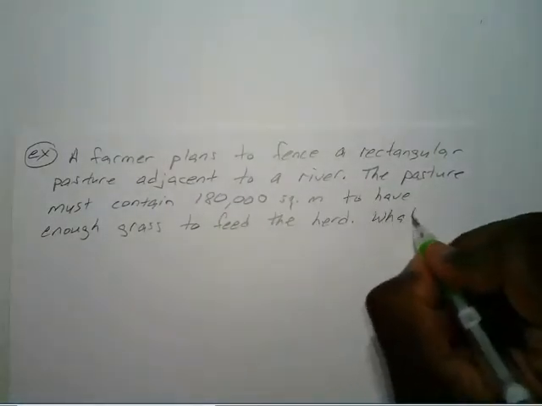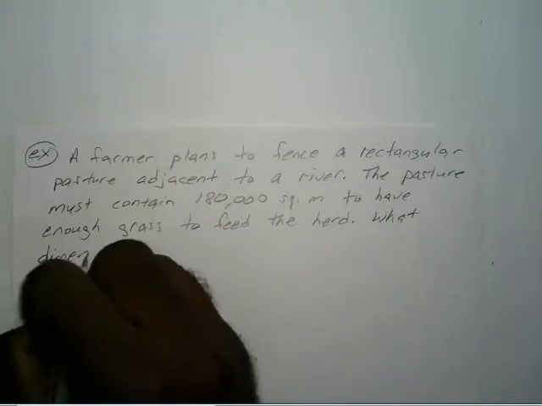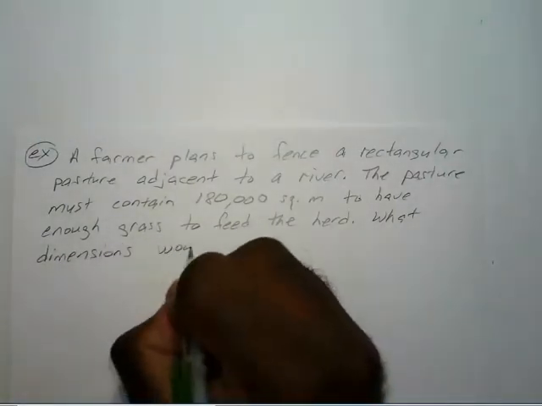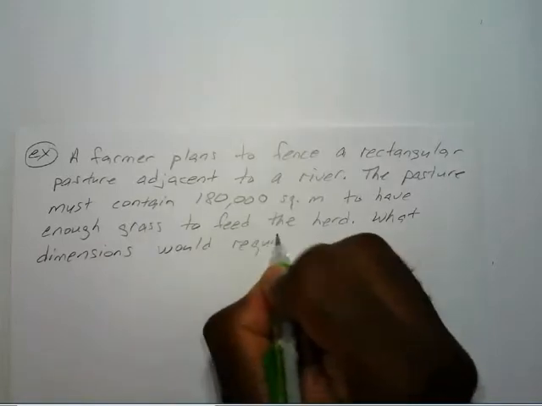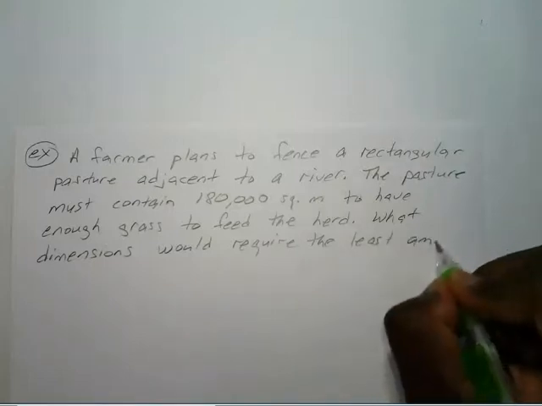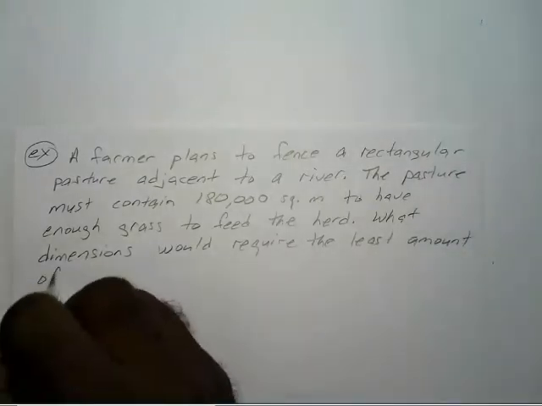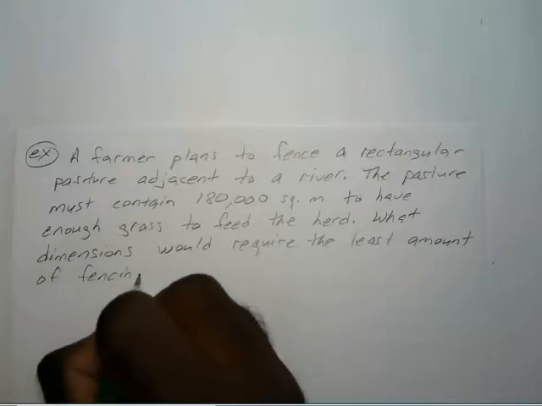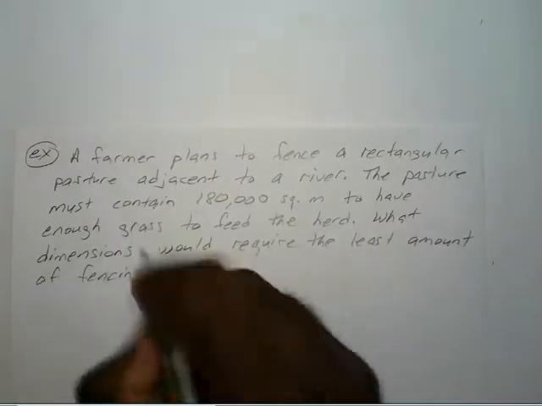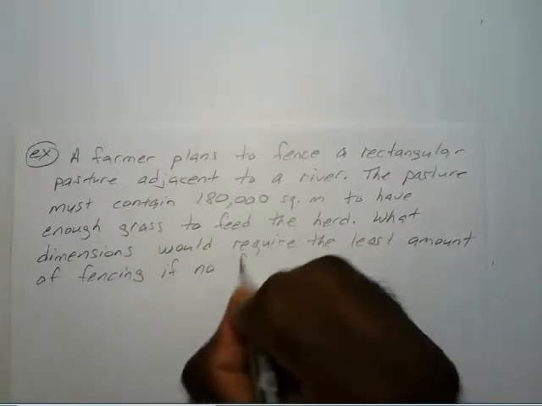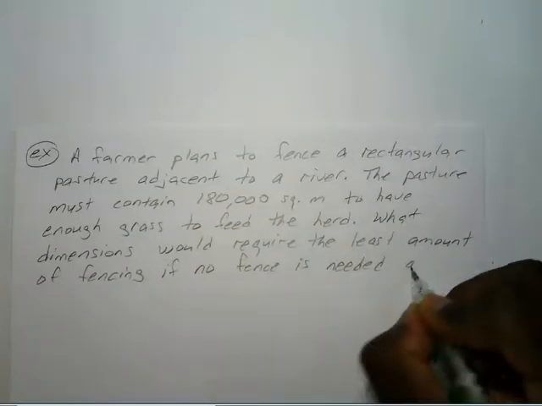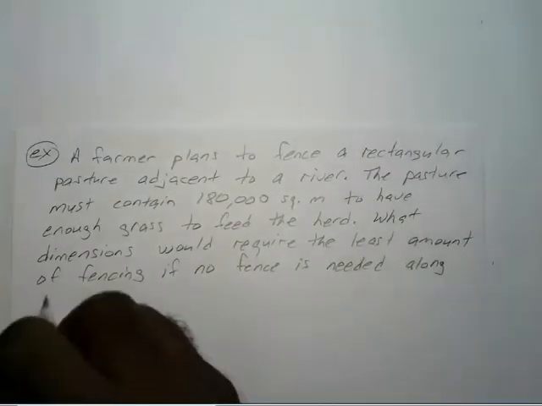What dimensions would require the least amount of fencing if no fence is needed along the river?